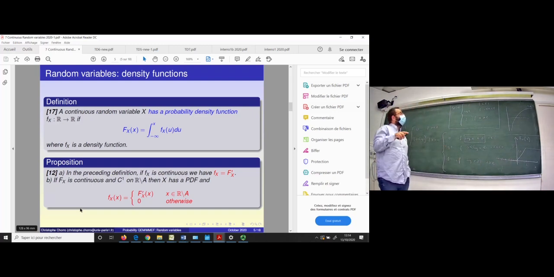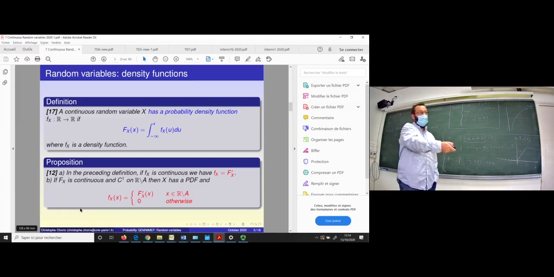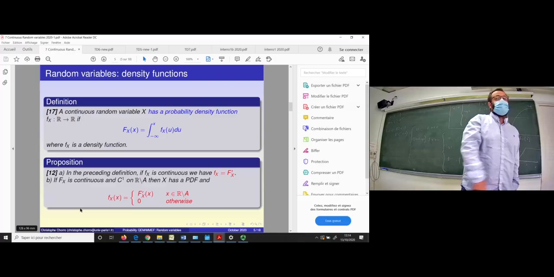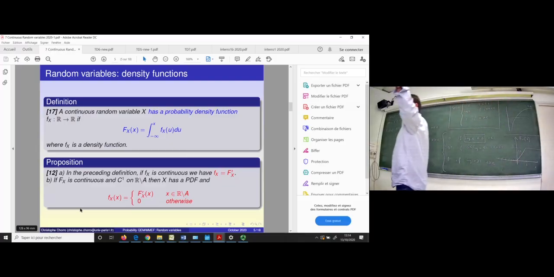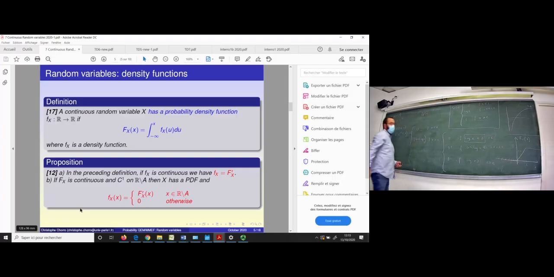So I may have two problems at the point 1 and the point e, but it's not my problem, because to use this proposition I don't mind about a finite number of points. So if I want to compute the density function related to this distribution function, applying proposition 12, I obtain that the density function of z is the derivative of this mapping. Okay, so 0, 0, 1 over x.